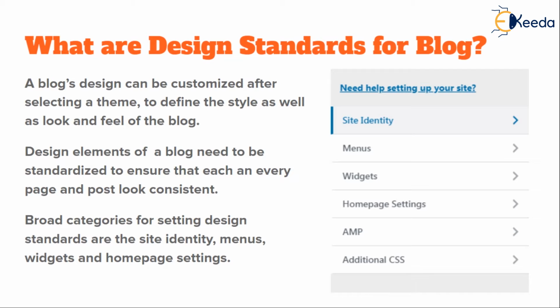So when we are talking about the design, we will talk more about the look and feel, and therefore we'll cover the menus, the widgets, and the homepage settings in detail, and the site identity.